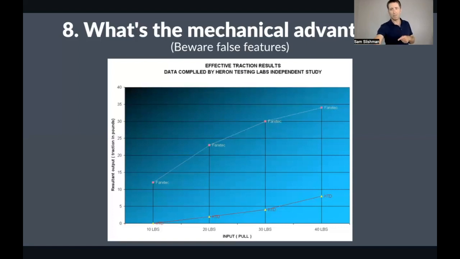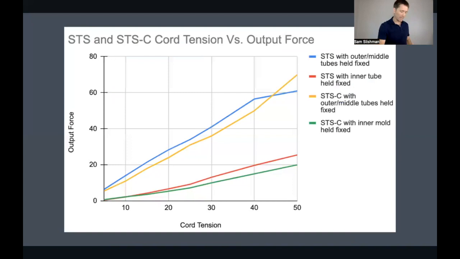I did a similar type of analysis with our splints, the STS as well as the STS-C. But it is a difficult thing to figure out, because if I hold, let me see if I can show you this well. If I hold the middle and outer tubes fixed and pull from here, that is one mechanical advantage.